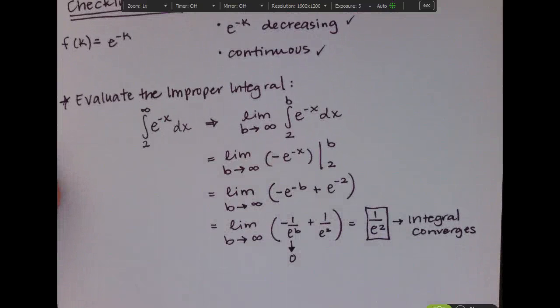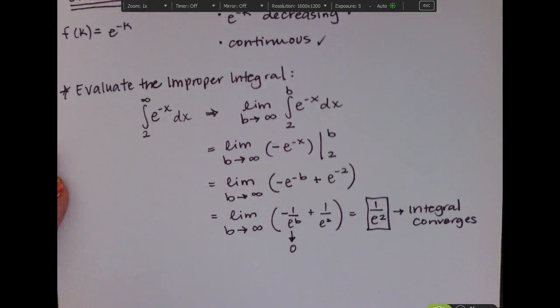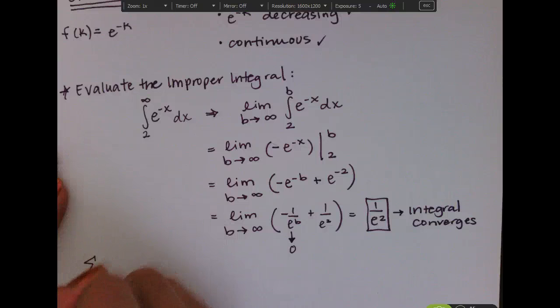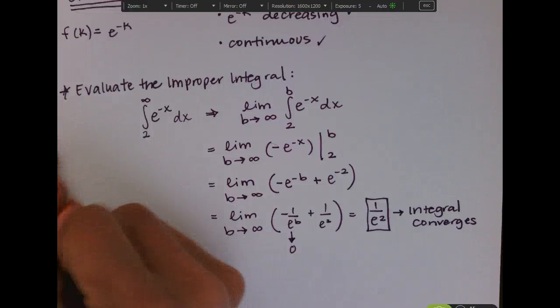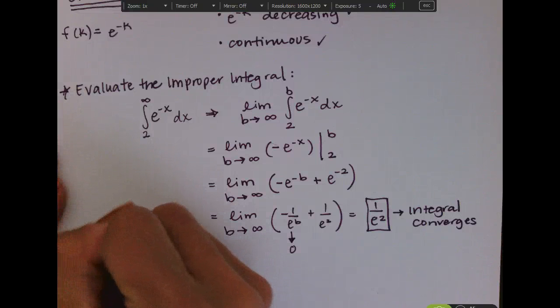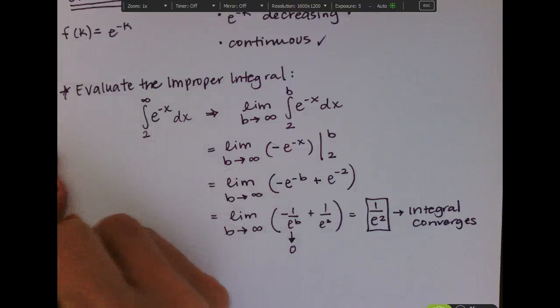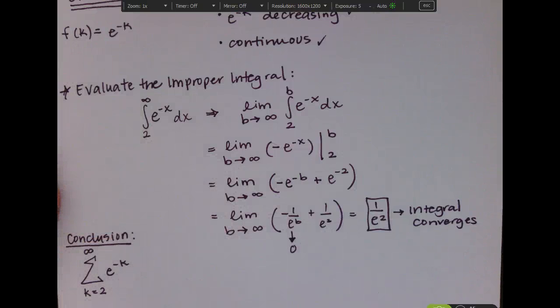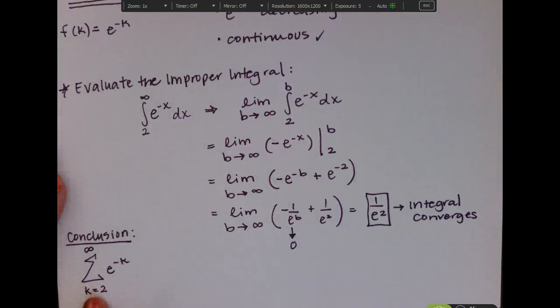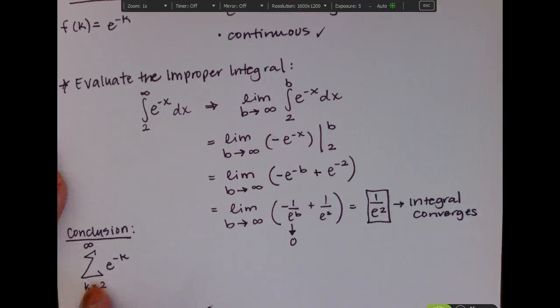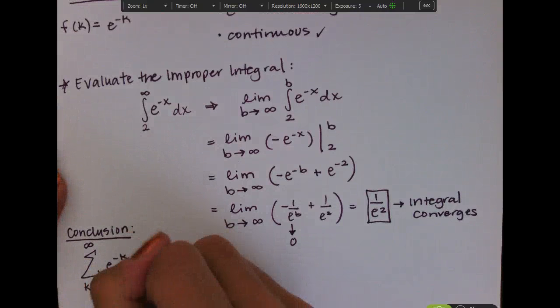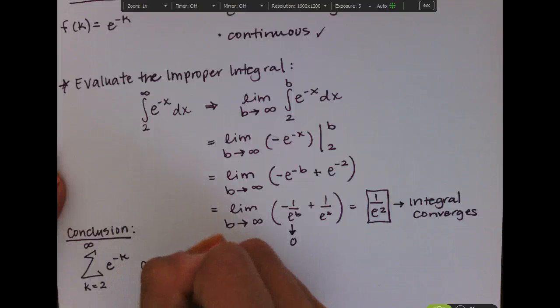But what we were asked to do is to evaluate this infinite series, and we use the improper integral in order to do that. So let's make our official conclusion, our final conclusion, based on what the problem asked. And the conclusion is that this particular infinite series converges.